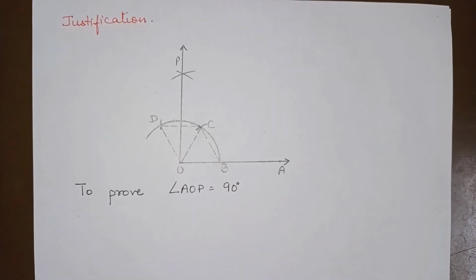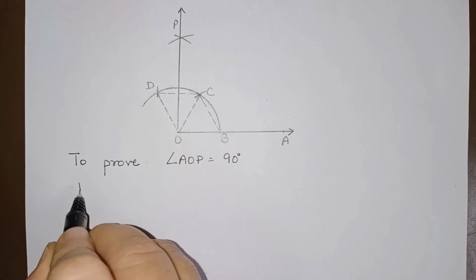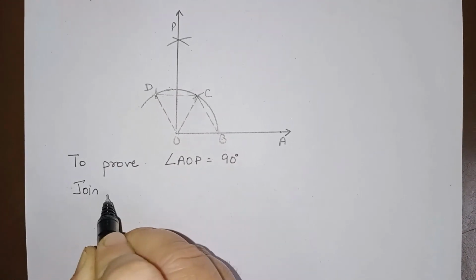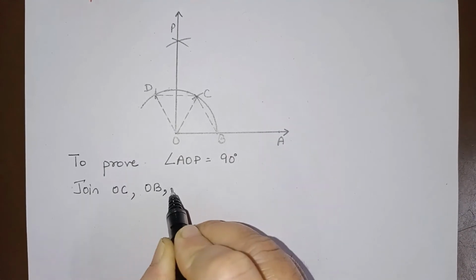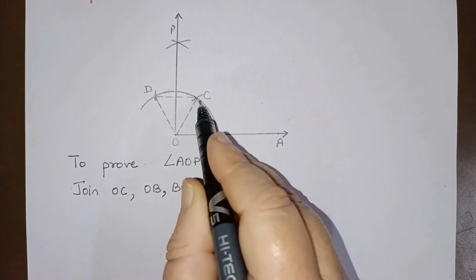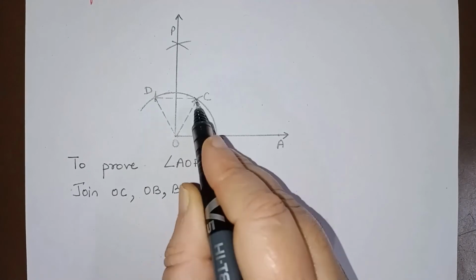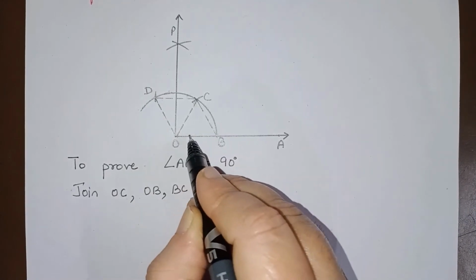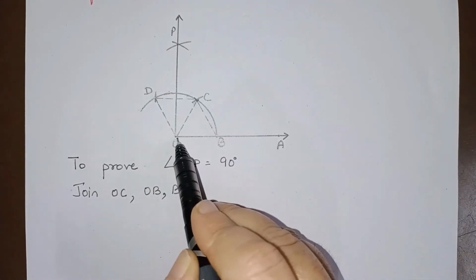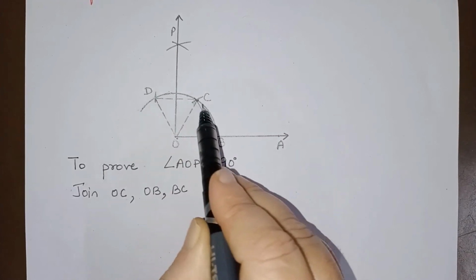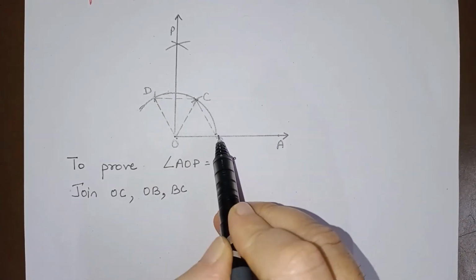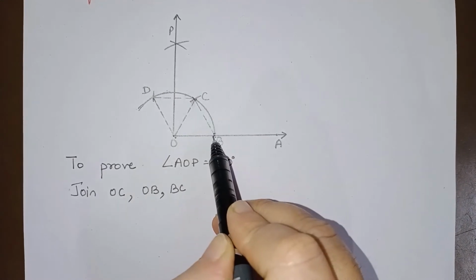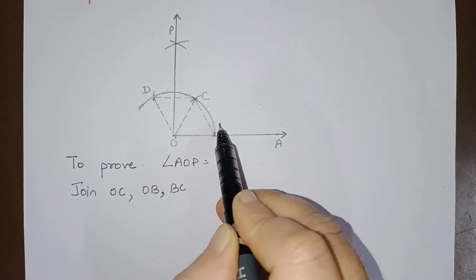Now for this, first of all, you will join OC, OB and BC, right? Now see, this will be an equilateral triangle. See how OC and OB are the radii of the same arc. We have drawn this arc like this and this BC arc we have drawn with the same radius.